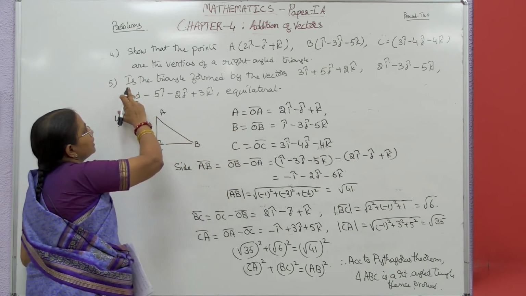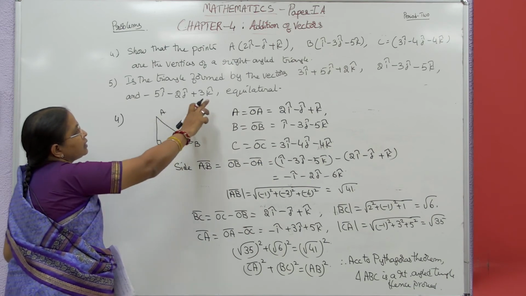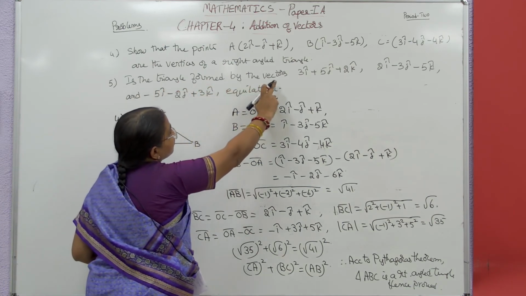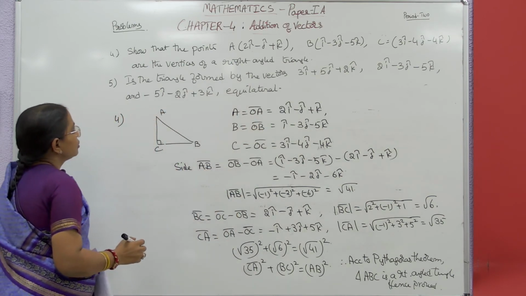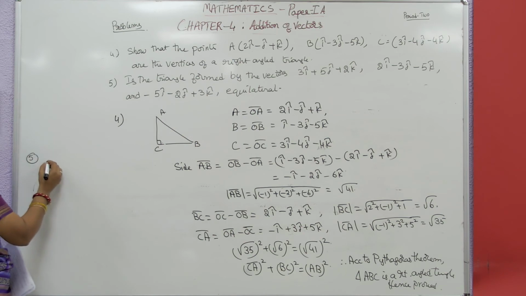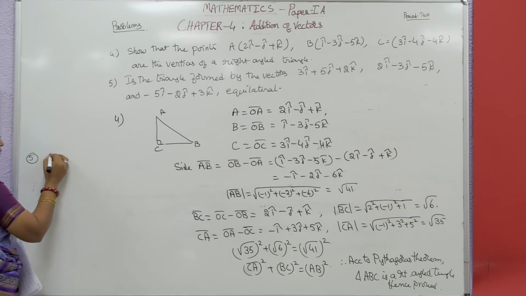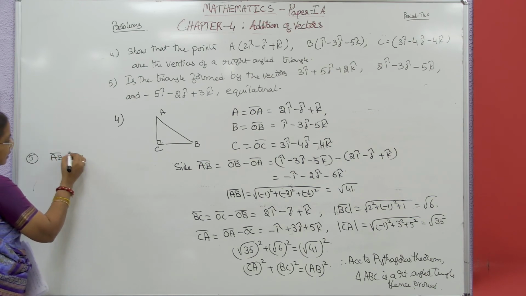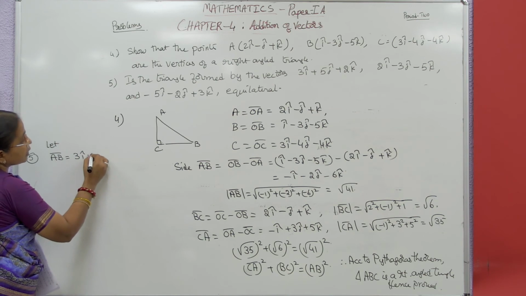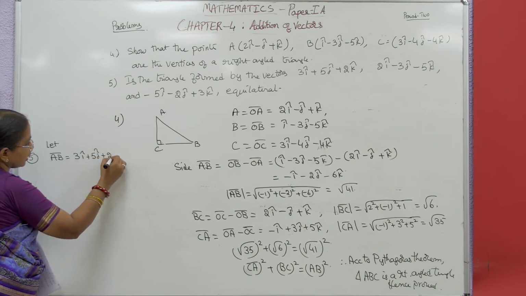Now if you see this fifth problem, these three are the vectors. The triangle is formed by the vectors. So now in the fifth problem, you have to take the vectors. We assume that AB is equal to 3i plus 5j plus 2k.